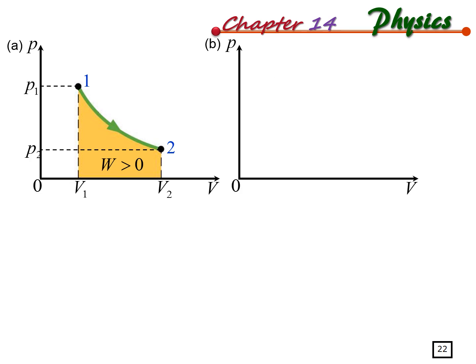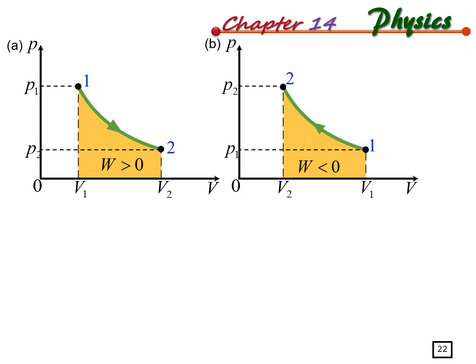The second graph is the other way around, where the initial state is at the right and the final state at the left. So this is compression of the system. We compress the gas or the system. So the work done will be negative, that is smaller than 0.